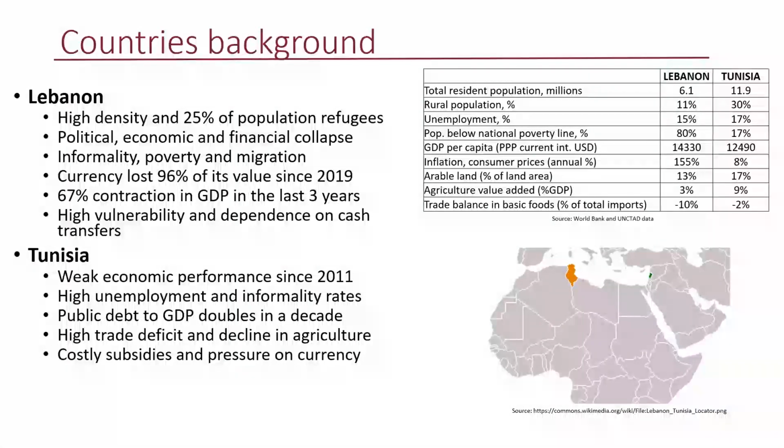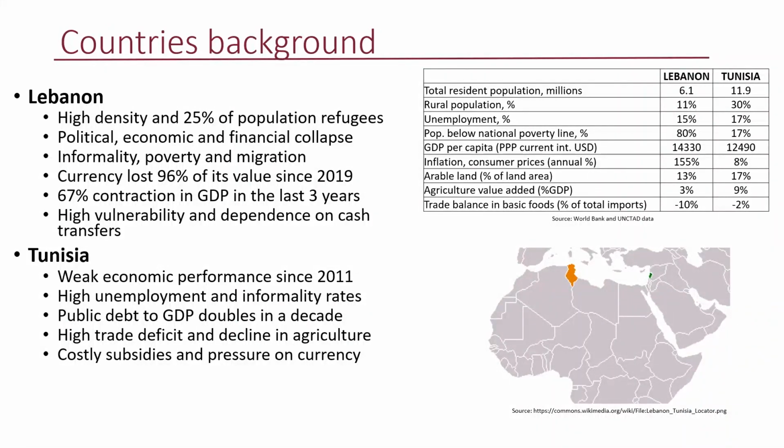The currency has lost 96% of its value since 2019. The GDP has contracted about 67% in the last 3 years. And society right now is highly dependent on cash transfers, mainly from immigrants and the diaspora, and foreign aid. Also, the population is highly vulnerable to price shocks and to deterioration of its purchasing power.